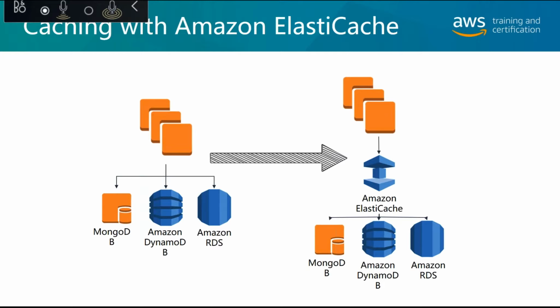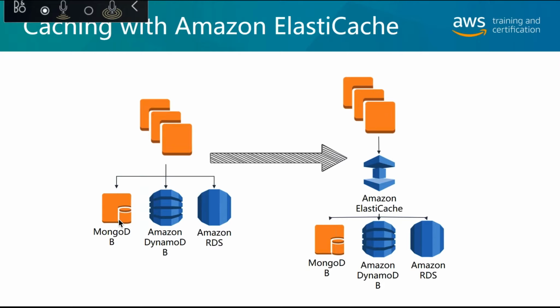And now I'm talking about a different level of caching. So I'm going to use a service called ElastiCache. And this time what we're caching could be user sessions, session information, database queries, key value pairs. So in this case, with my ElastiCache, you see how I have my applications.